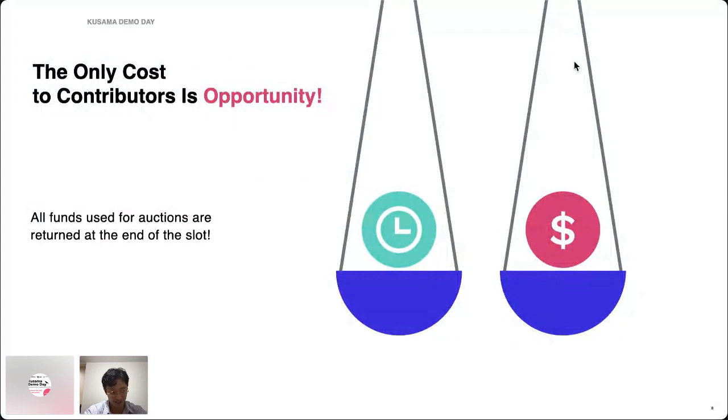So that's really good. But then I think it goes a little bit deeper than just opportunity cost to determine why you could say crowd loans is such a big deal, right?